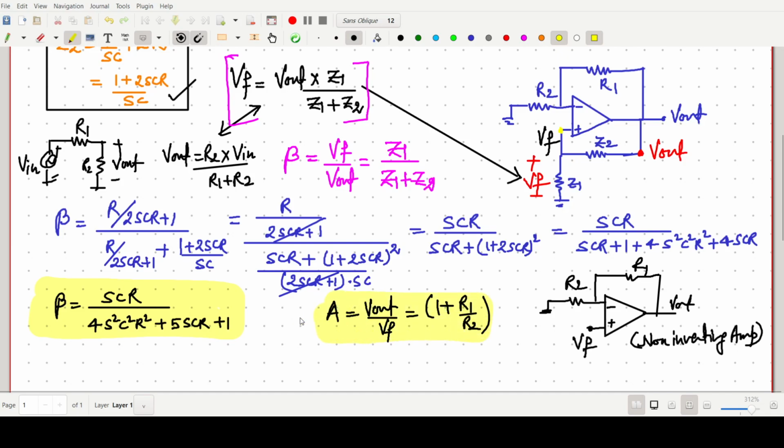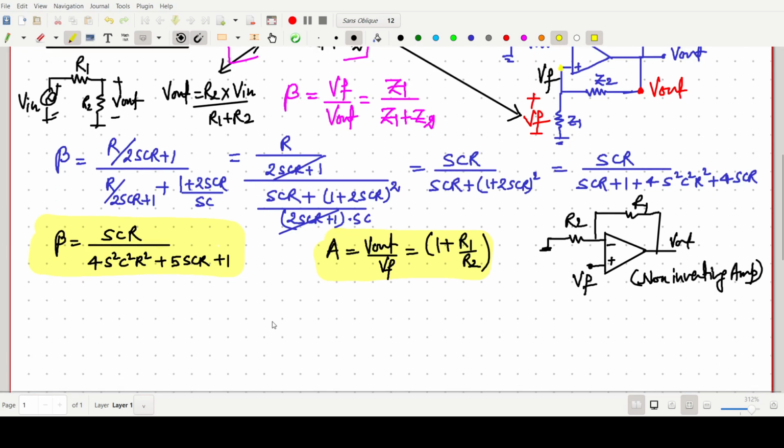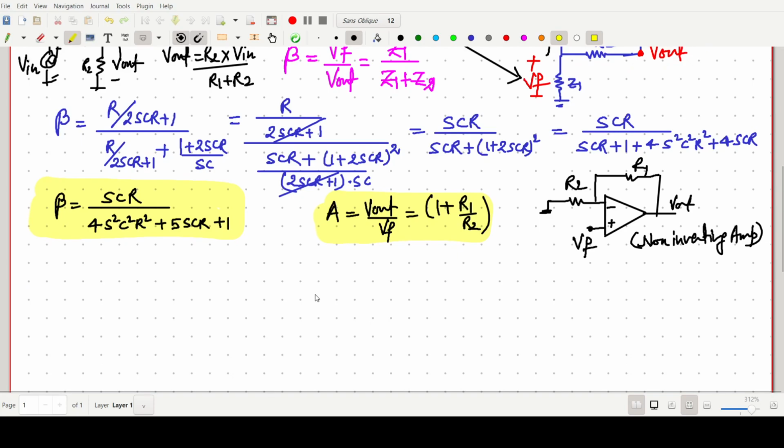Now A is known to us, beta is known to us. So now multiply A beta, because in an oscillator we have to think about the Barkhausen criterion, where the loop gain is 1. So it is better to find the A beta value first. In any problem we have to find the value of A into beta.